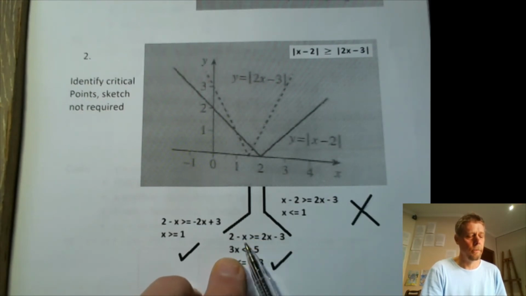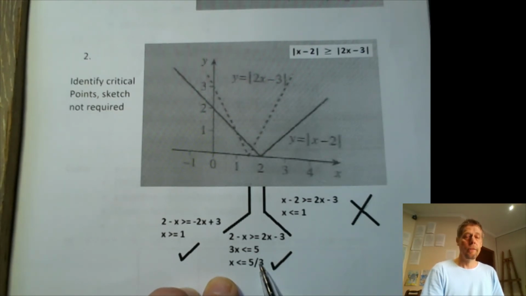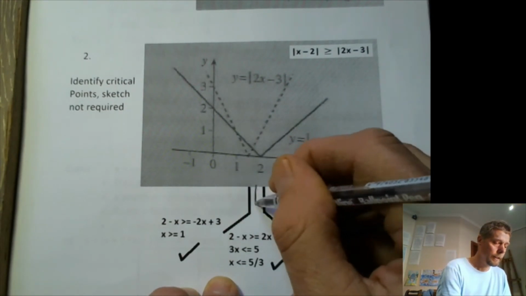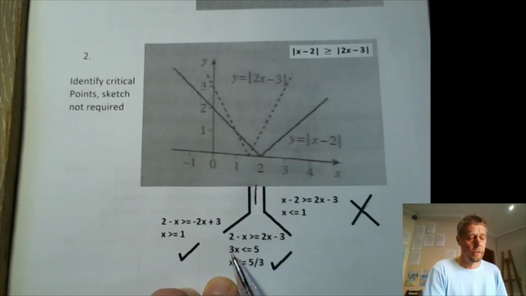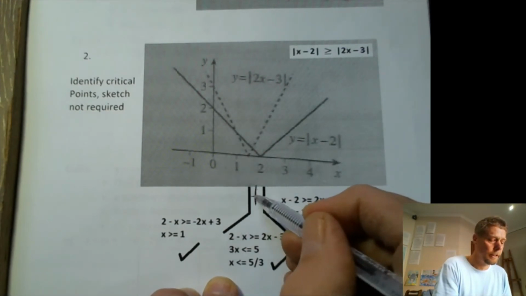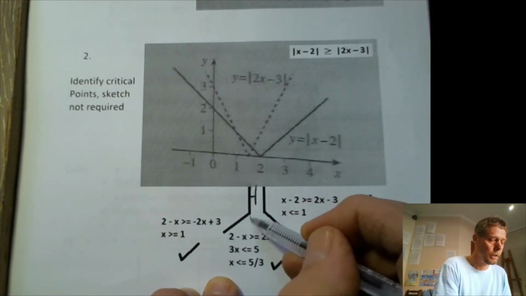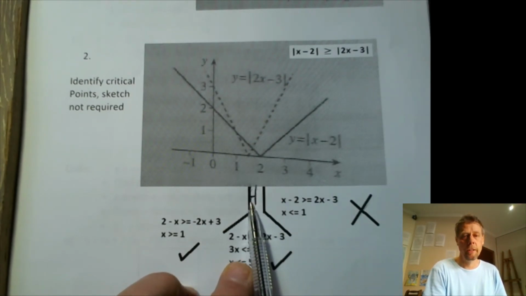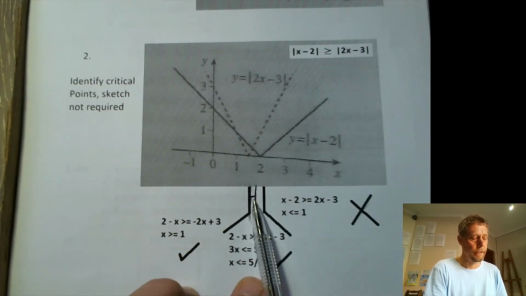So now I have 2 minus x is bigger than or equal to 2x minus 3, and rearranging the terms gives us x is smaller than or equal to 5 over 3. Now 5 over 3 is in the zone. It's about over here. So it means that for this condition to be satisfied, x can be anything from here to here, because we can only work within the zone. So it's from the edge of the zone to 5 over 3.